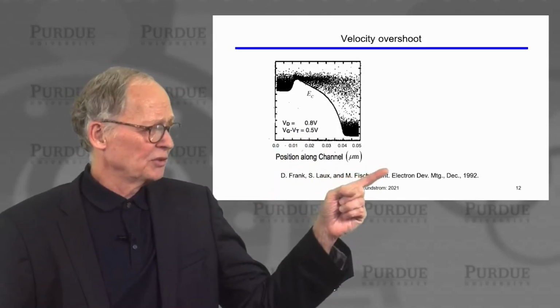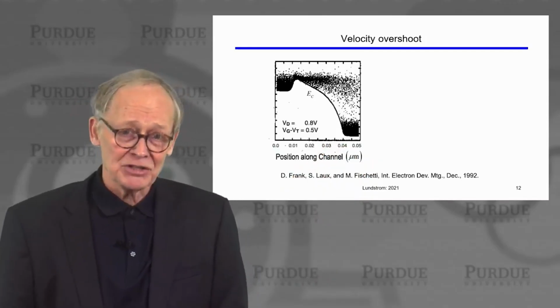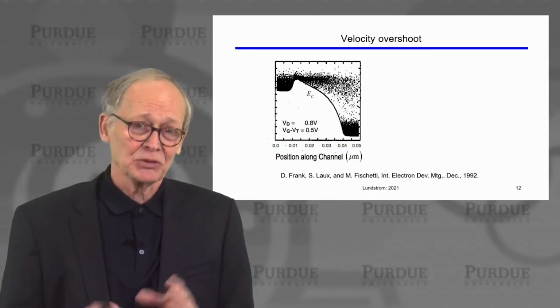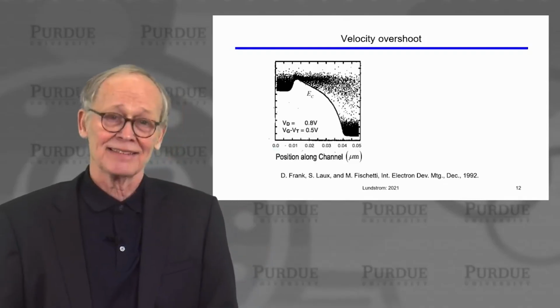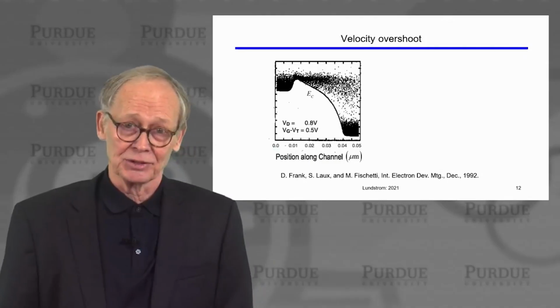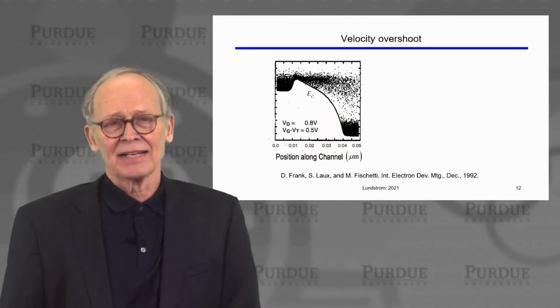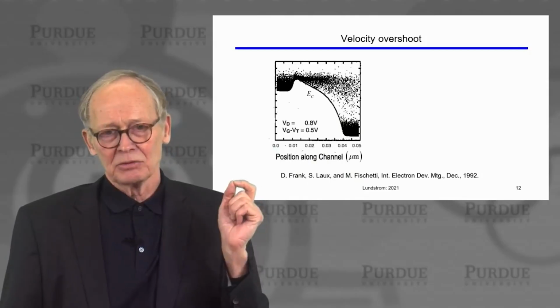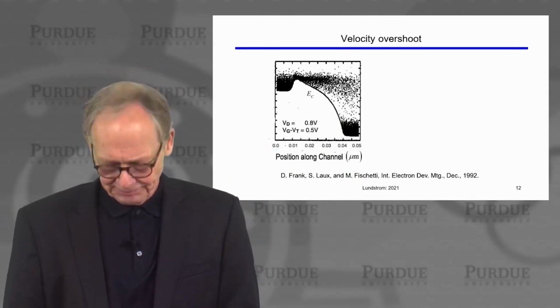Then about 20 years ago, when 30 nanometer channel lengths were almost unimaginably small, most of us thought we would never be able to manufacture MOSFETs with channel lengths that short. But today the channel lengths are significantly shorter than that. Each dot here represents an electron being tracked by computer simulation as it moves from the source to the drain.